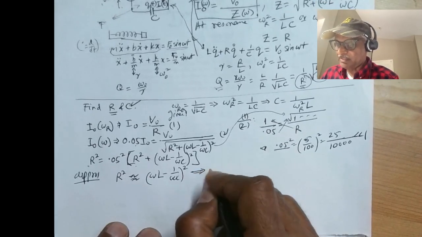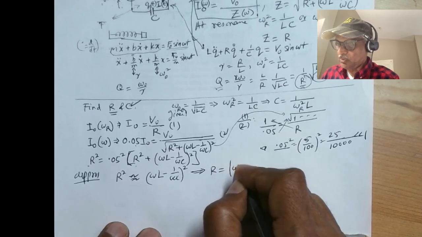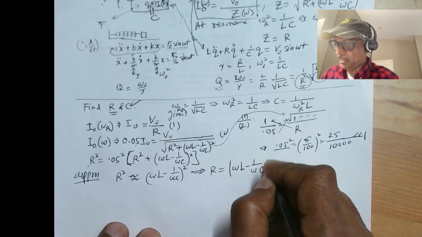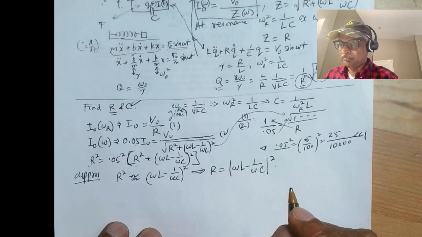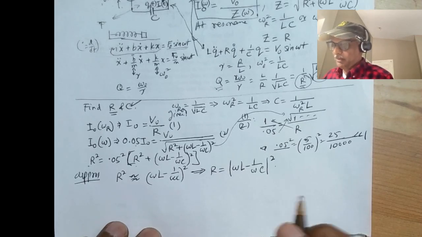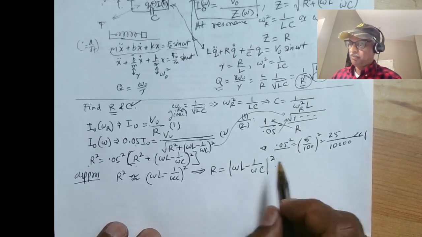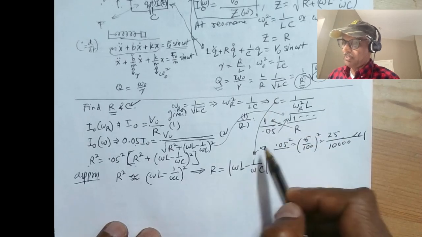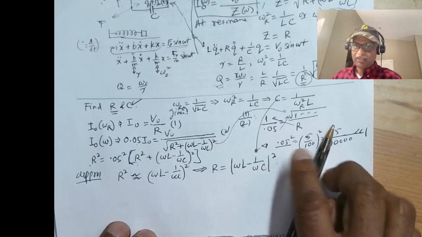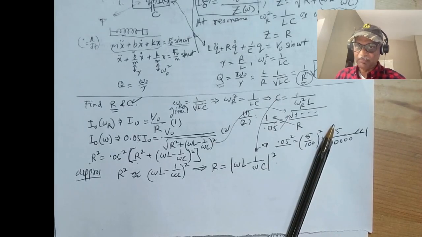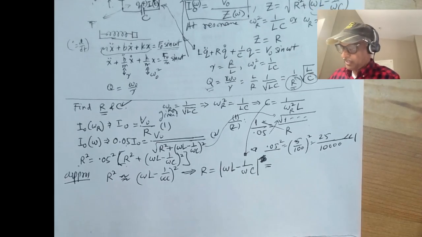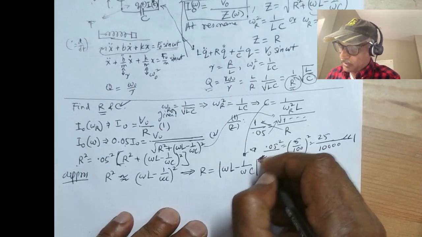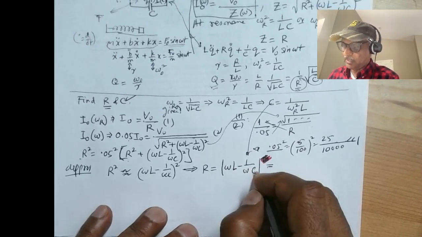So that just gives me R equals omega L minus 1 over omega C, without the square. All right, so now I just use the C in here and things like that, and let me work out the calculations to save time. Just while I was working it out, I said this is square, this is not square, so this has to be worked out.